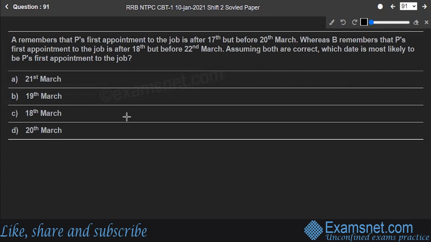So here the logic is P's first appointment is after 17th and before 20, right? The dates between them are 18 and 19 March.